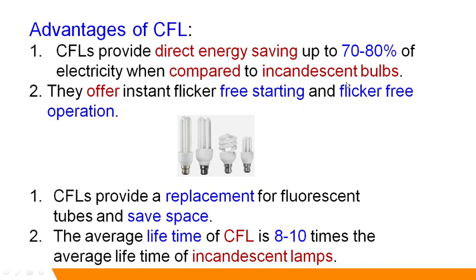Therefore it is cost effective. Lesser power, more brightness. The light intensity obtained for every watt of electric power is 40 lumen per watt, whereas in normal incandescent it is 10.